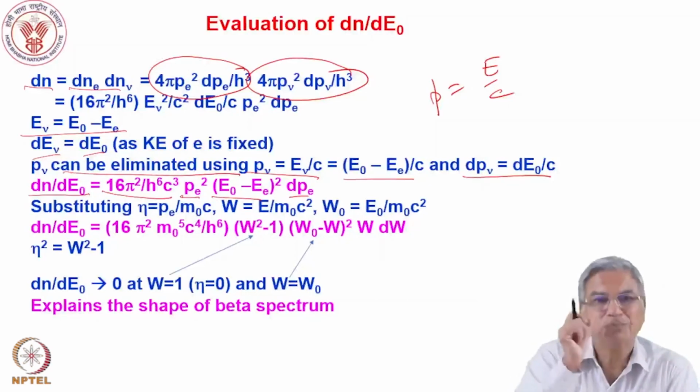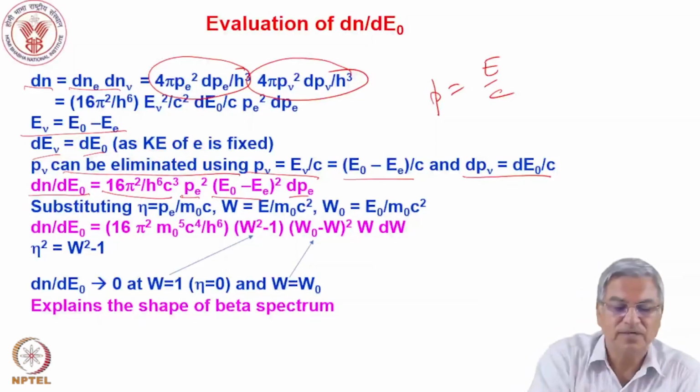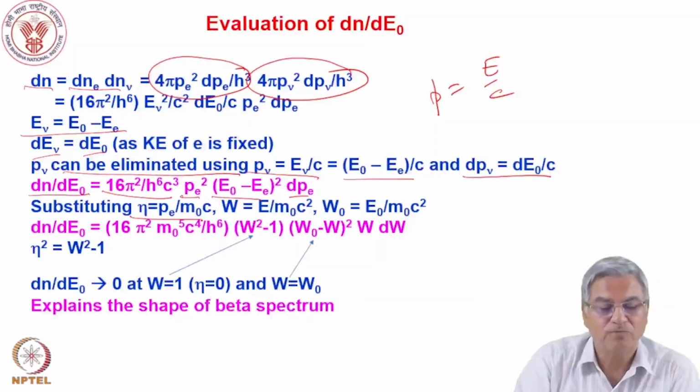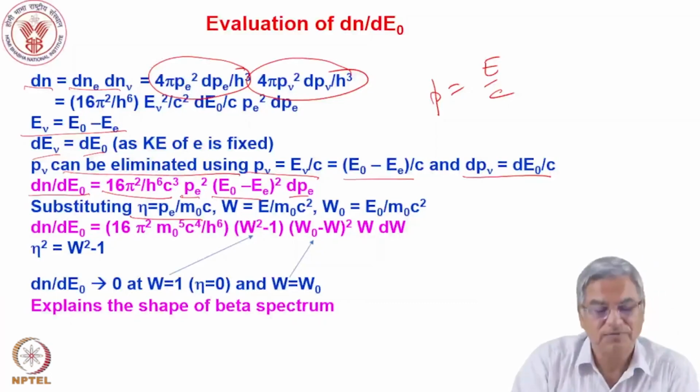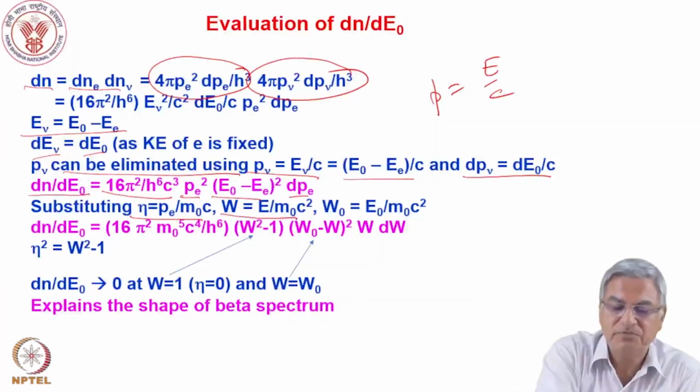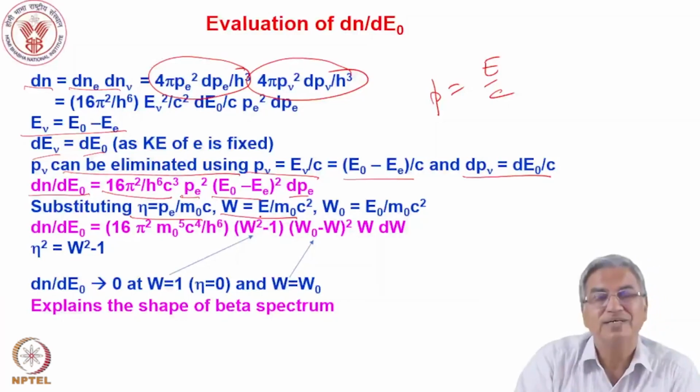Now we can make a small substitution. In the relativistic domain, you can write the relative momentum in terms of the momentum of the electron and m0c, the relativistic momentum of the electron: eta equals PE upon m0c. Similarly, the energy can be written as the kinetic energy of the electron upon the rest mass energy.